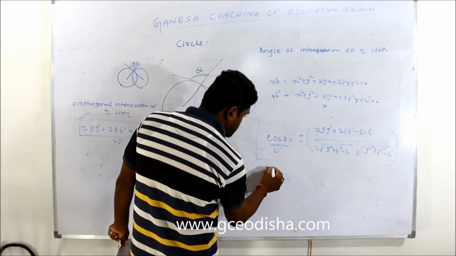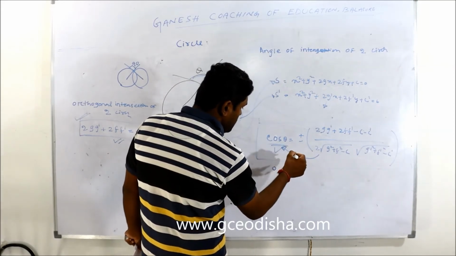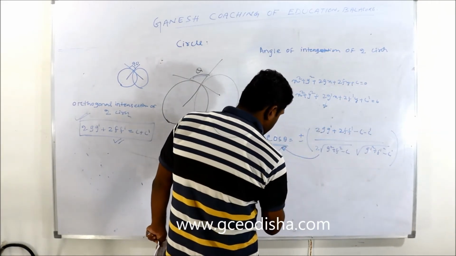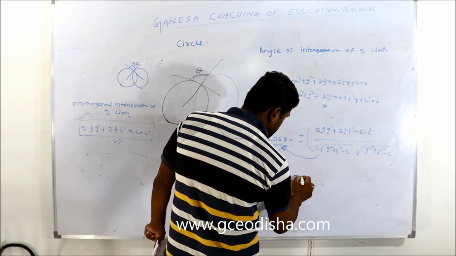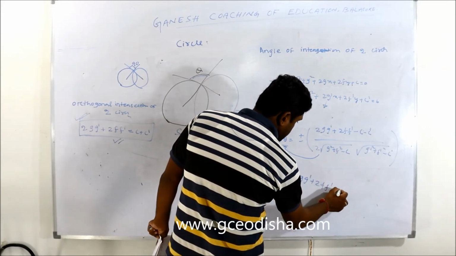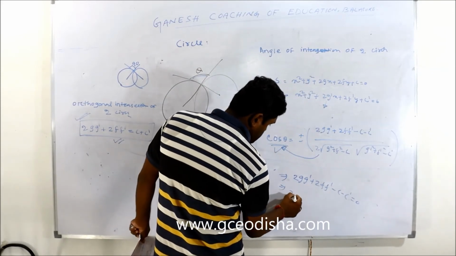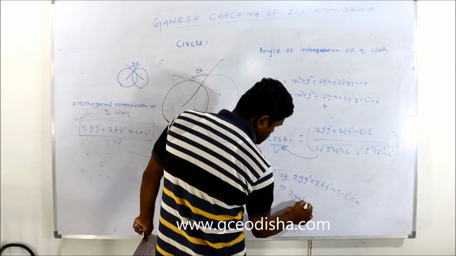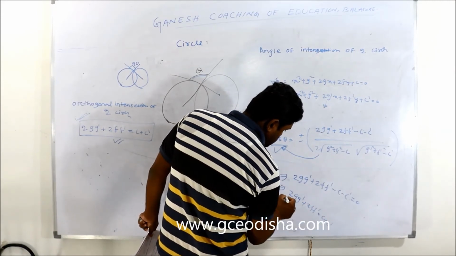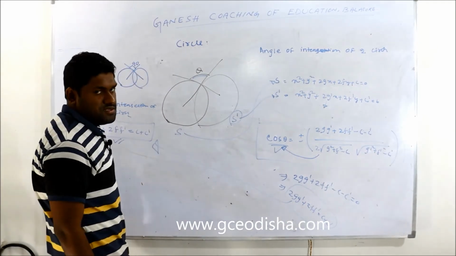When cos theta comes to 0, those terms will go, since 0 into something is 0, and only the numerator term is equal to 0. So 2gg' + 2ff' - c - c' is equal to 0, which gives 2gg' + 2ff' = c + c'. Then this equation becomes the same as before.